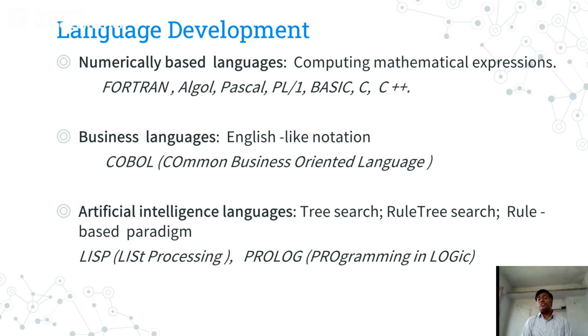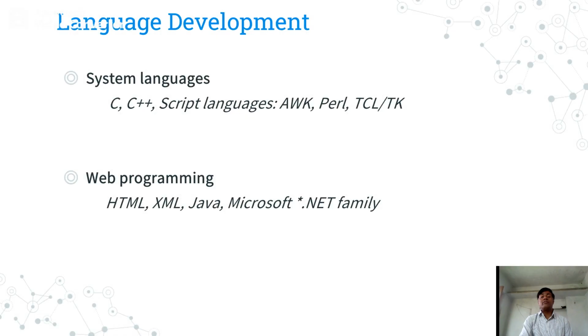And then artificial intelligence languages. In this category, mainly tree search and rule-based paradigm languages are considered. For example, list processing language, Prolog, programming in logic, these languages come in artificial intelligence languages.